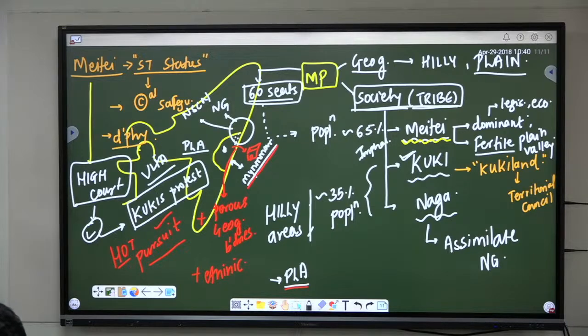Full stop. They are hill residing. They reside in hilly areas. Next, Naga tribe. Naga tribes reside in hilly area and constitute the least population of Manipur.